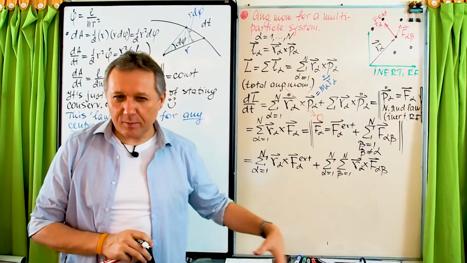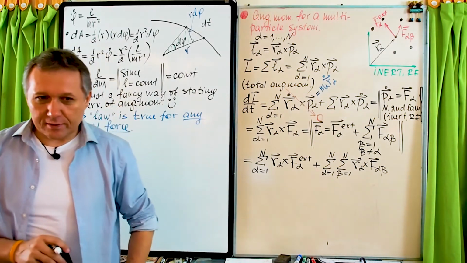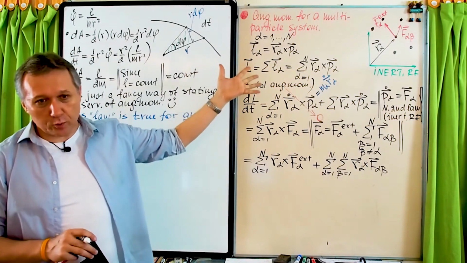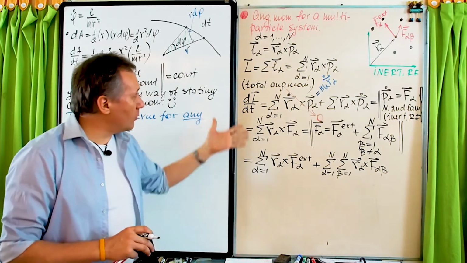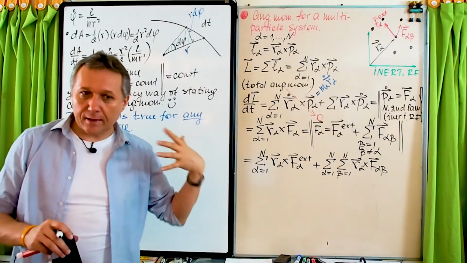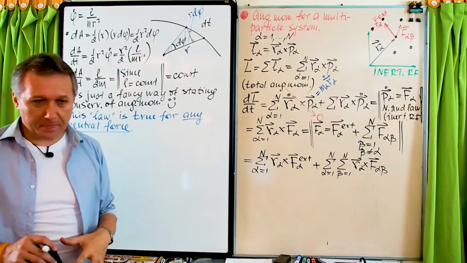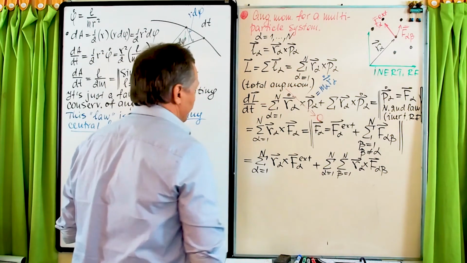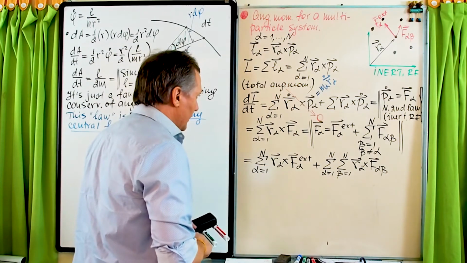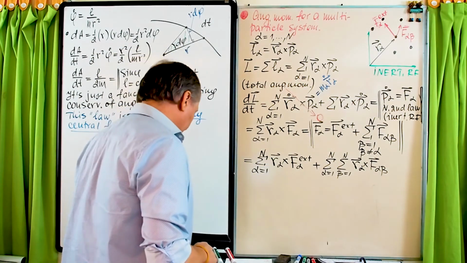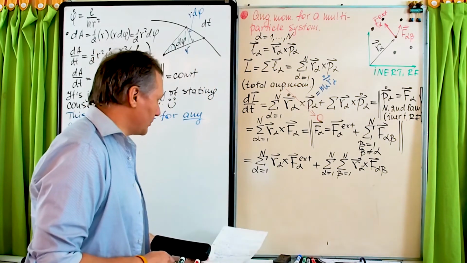We've done something similar when we first started looking at multi-particle systems, but of course we did not have these tools. We just looked at the rate of change of the total linear momentum. Now we're looking at the rate of change of the total angular momentum, but plenty of steps are very similar. Okay, so now we need to manipulate that.